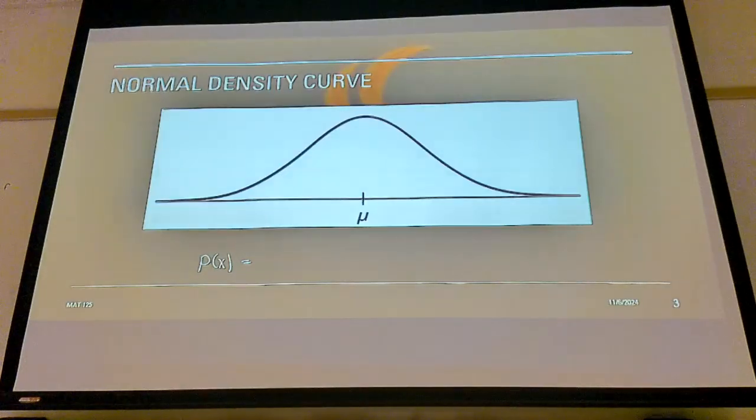All density curves have a density function. For the normal, mu is the mean, sigma is the standard deviation.